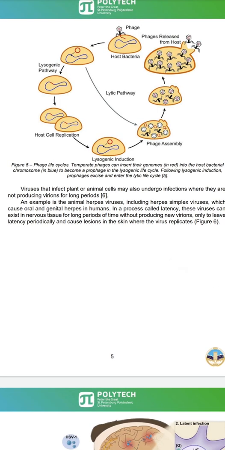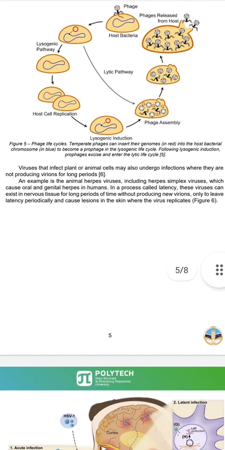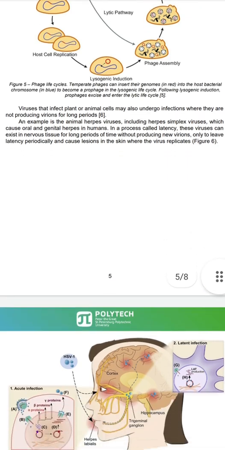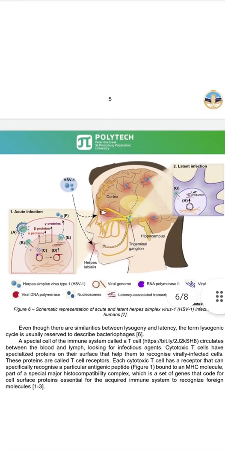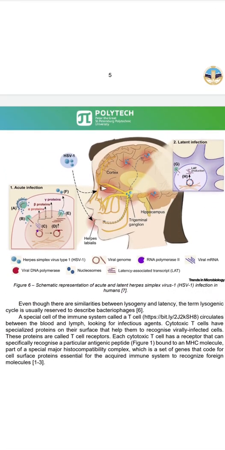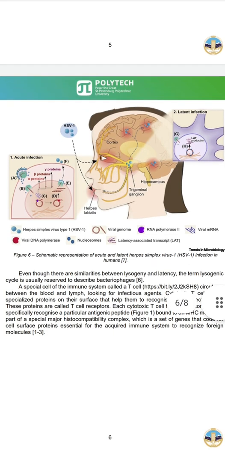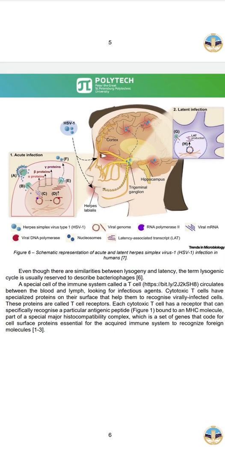In a process called latency, these viruses can exist in nervous tissue for long periods of time without producing new virions, only to leave latency periodically and cause lesions in the skin where the virus replicates. Figure 6. Schematic representation of acute and latent herpes simplex virus.